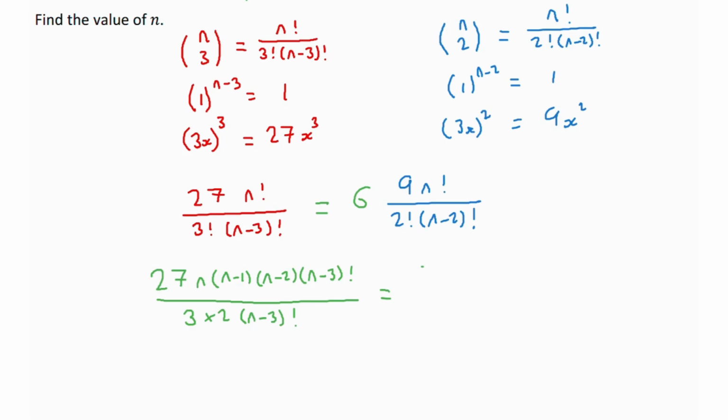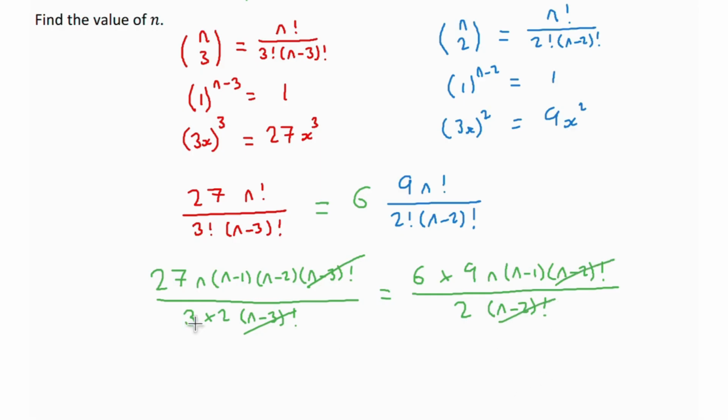On this side we have 6 times 9, and then n factorial is going to be n times (n minus 1) times (n minus 2) factorial over 2 times (n minus 2) factorial. Now we can cancel the (n minus 3) factorial there and there, and the (n minus 2) factorial there and there. The 3 is going to cancel with the 27 to give us 9. And we can leave it like that for now.